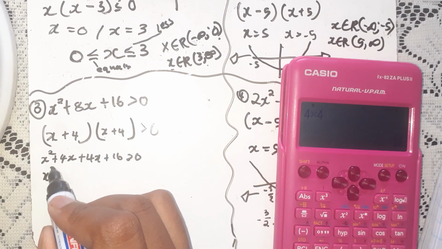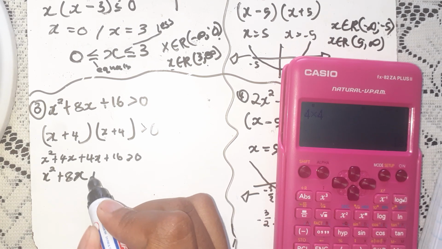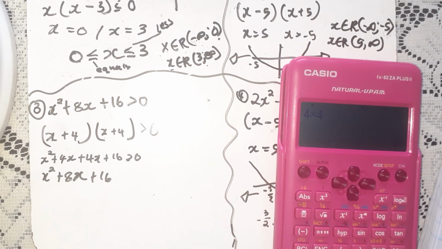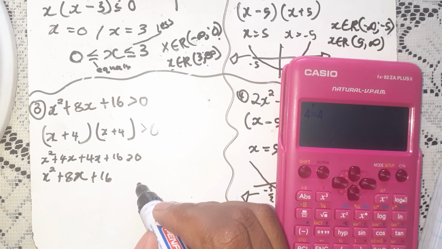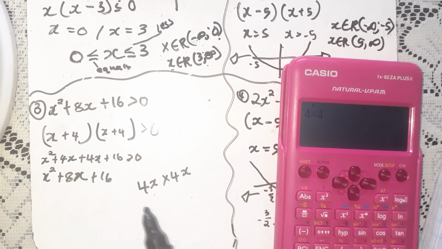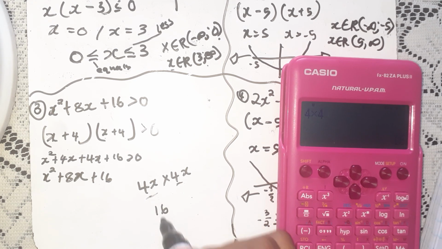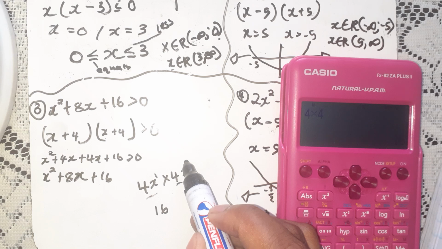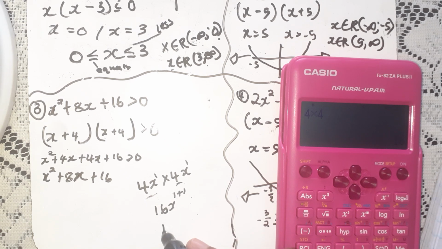And then we have x squared, 4x plus 4x is 8x, plus 16. 4x plus 4x is not 4x squared, okay? 4x times 4x, you say 4 times 4, that gives us 16, x times x, so that will be 16x squared.